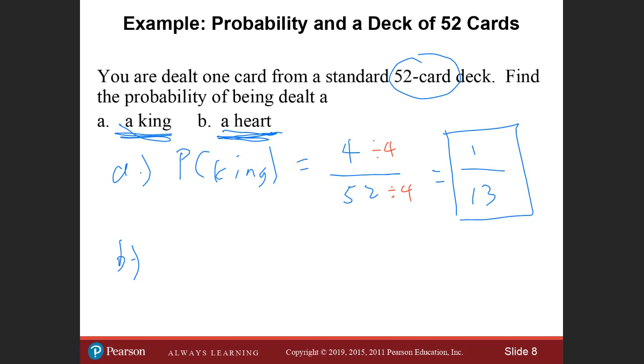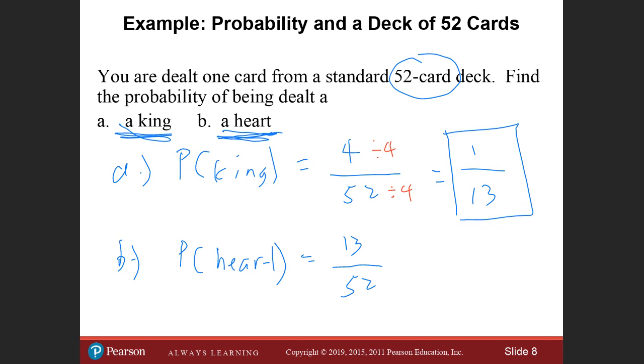So one of those would be a heart, and the probability of getting a heart would be, there are 13, right? We divide 52 by 4, that would be 13 because there are four types there, over 52. So that's the total number of cards.